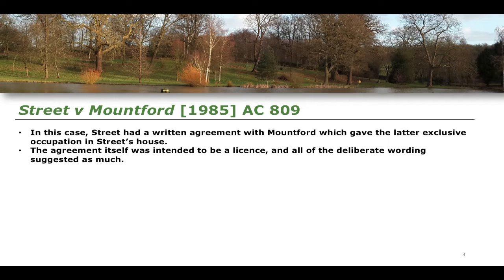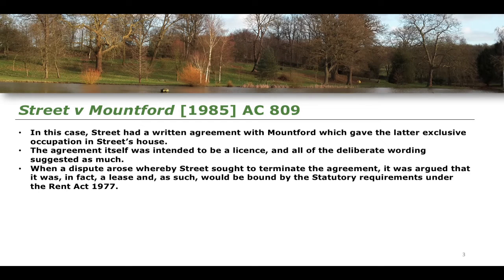Okay, so think back to the previous case and think back to our previous discussion about whether or not intention actually necessarily matters, or whether or not it is a good indication as to whether or not something is a leasehold. When a dispute arose whereby Street sought to terminate the agreement, it was argued that in fact it wasn't a license, and in reality it was a lease, as a result of which, if it was found to have been a lease, then Mountford would have certain rights under the statutory requirements of the Rent Act from 1977.